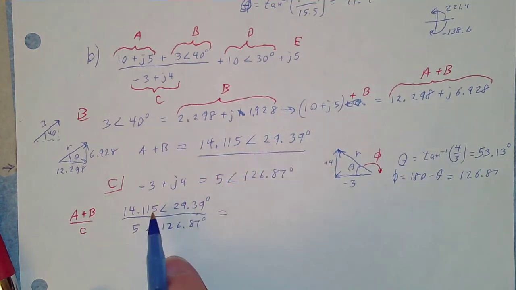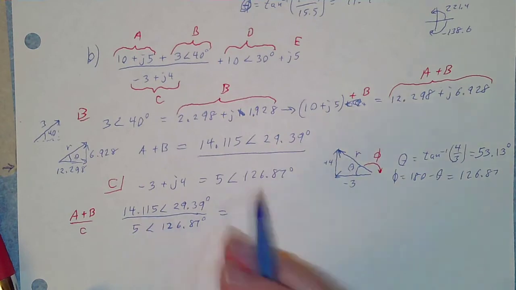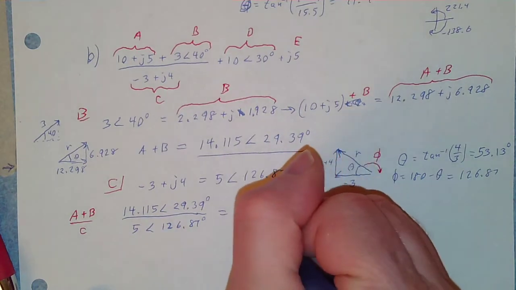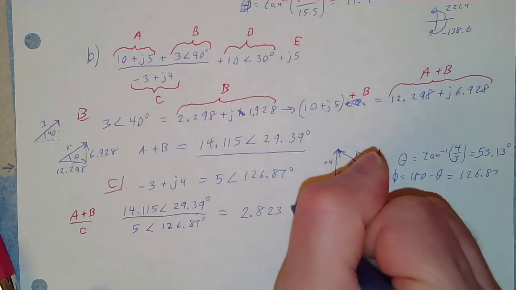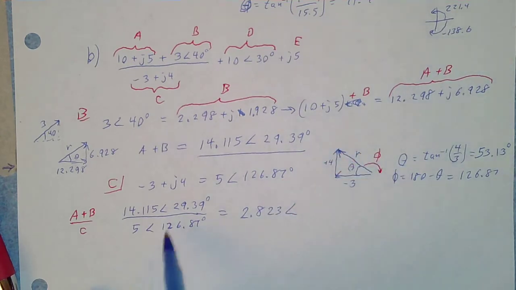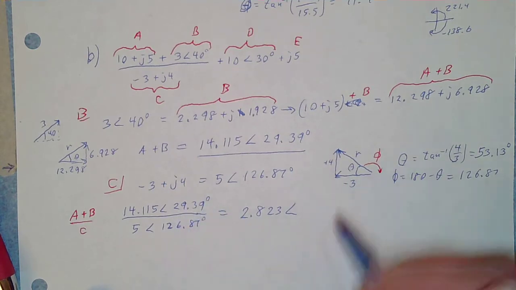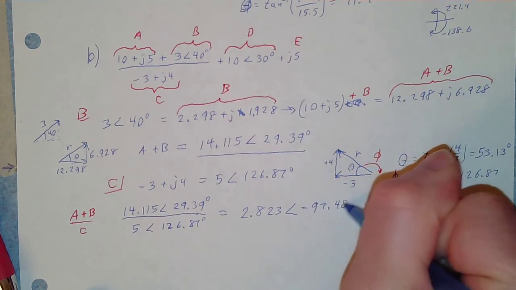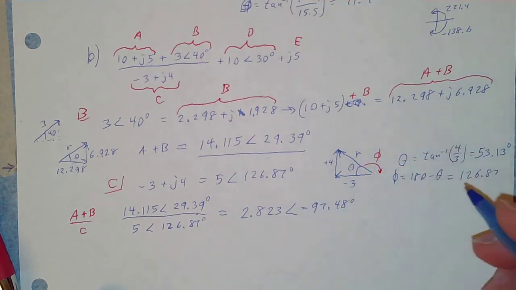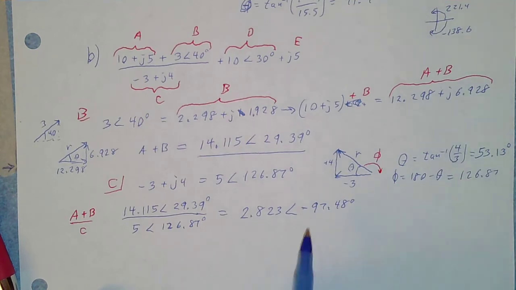Remember, with division, you divide the R's. So we're going to have 2.823. And then you take the difference between the angles, top minus bottom. So it's 29.39 minus 126.87. We get minus 97.48 degrees.